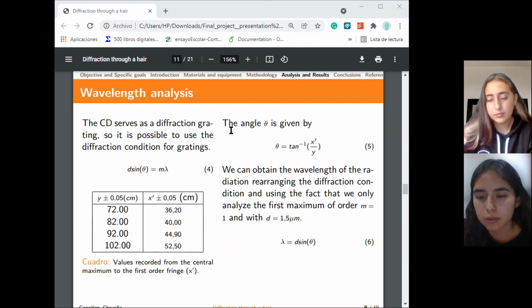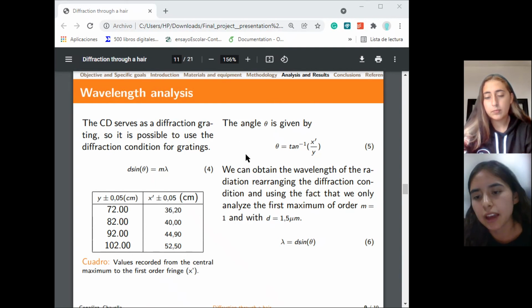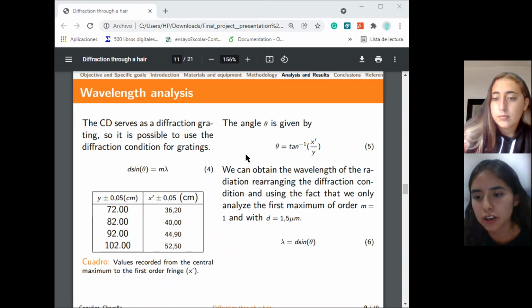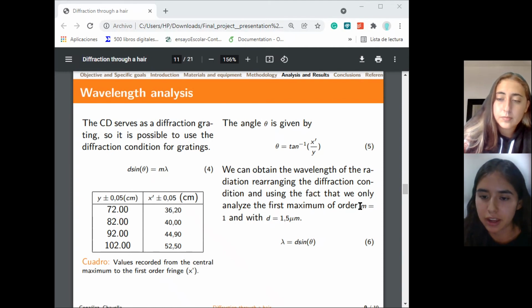And we could find the angle theta given by equation 5. With this angle, we could obtain the wavelength of the radiation by rearranging the diffraction condition. We only analyzed this for the maximum of order 1, with a grating width of 1.5 micrometers.